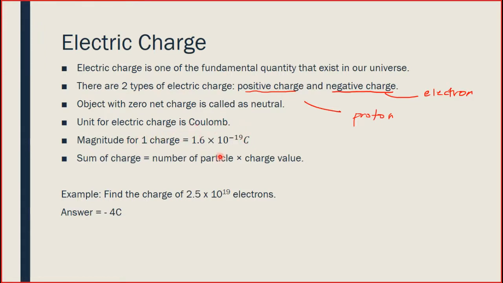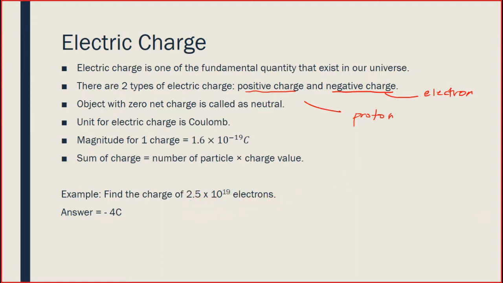For example, in your exam, in particular in paper 1, because paper 1 involves calculation, you may be requested to find the total charge. For example, find the total charge of 2.5 times 10 to the power of 19 electrons.